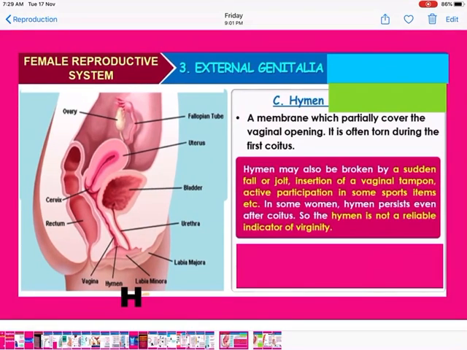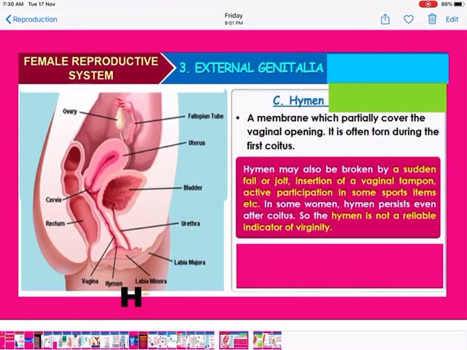Hymen. It is a membrane. See the diagram. Labeling hymen, H is there written. A membrane which partially covers the vaginal opening, and it is often torn during the first coitus.